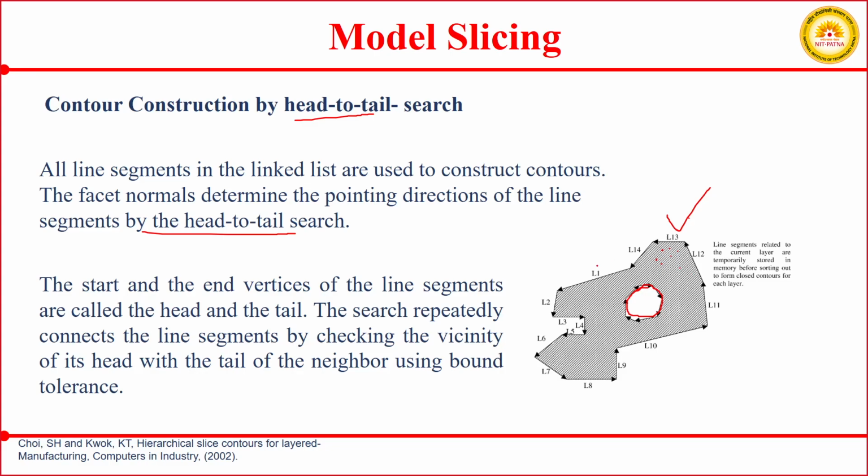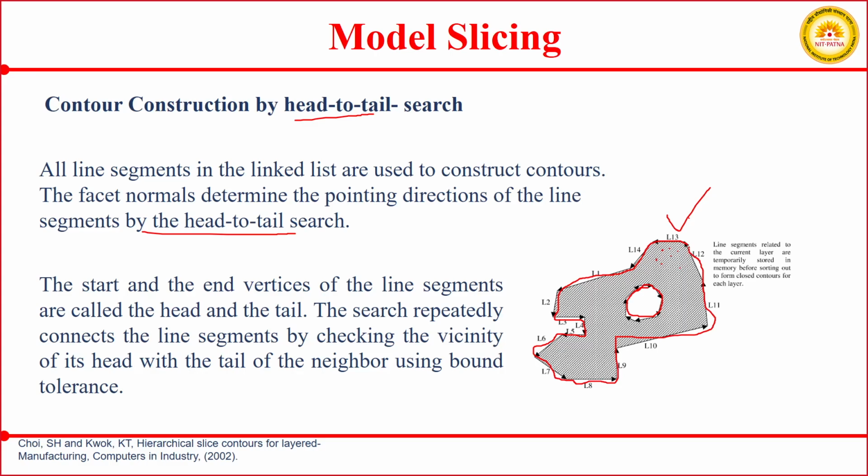So we need to consider only the points which are in your slice. When we join all the points in this slice, we may get some shape something like this. This may be some 2D profile corresponding to one slice of data.